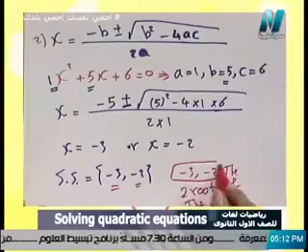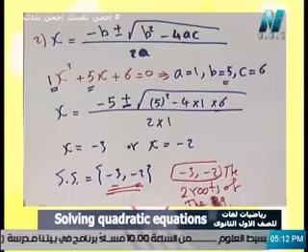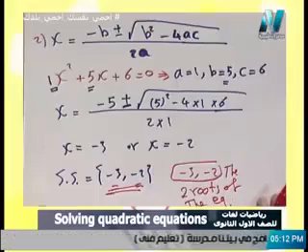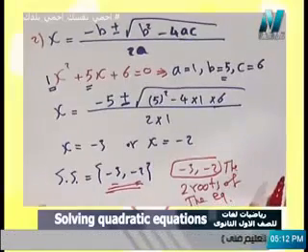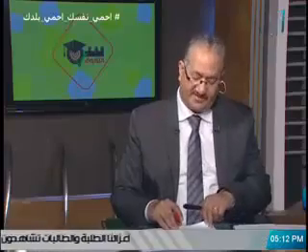We call them the roots, or the two roots of the equation. The two roots of the equation have the same meaning as the solution set. Okay? Let's move to another question here.